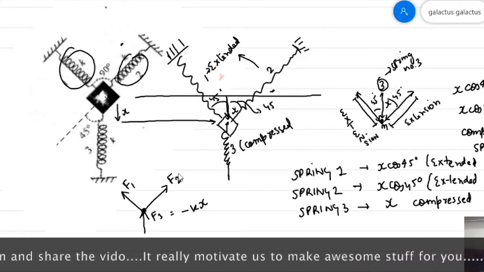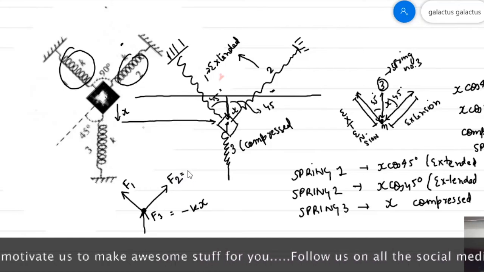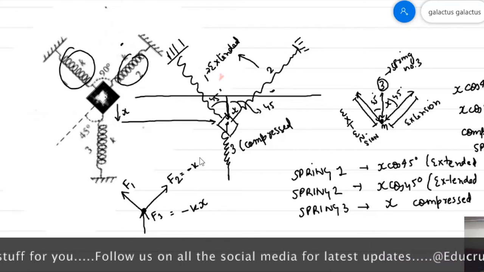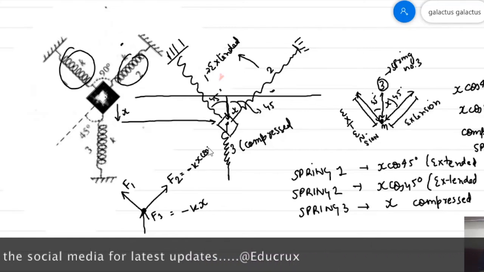This is the restoring force by spring number 2, which is equal to minus k x cos 45 degrees.